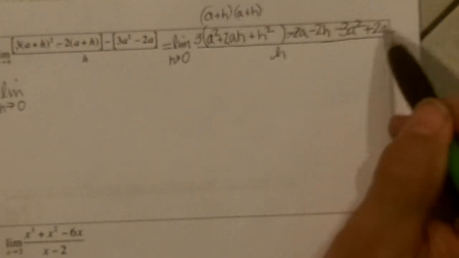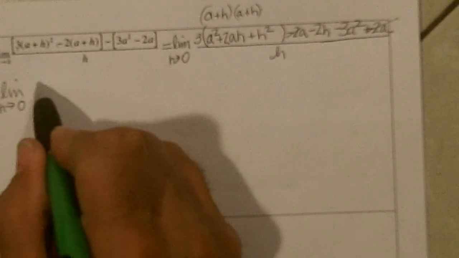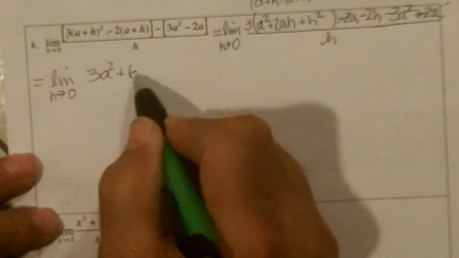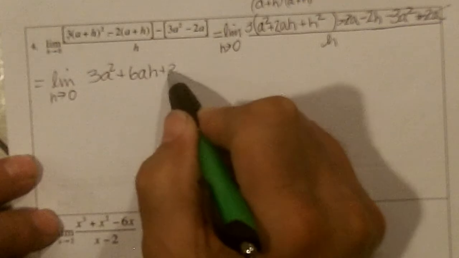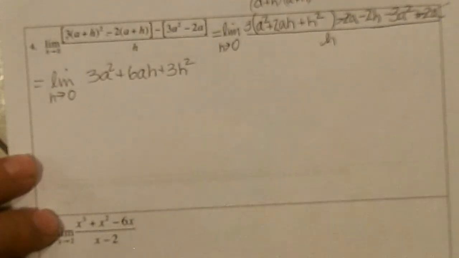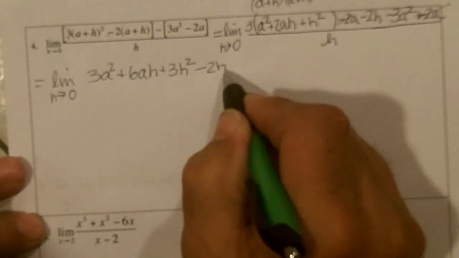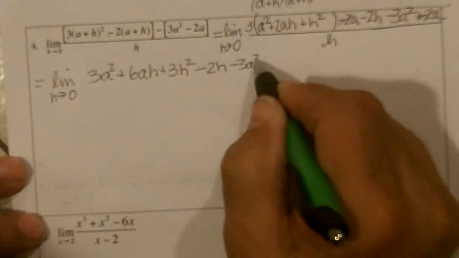The minus 2a and the plus 2a cancel, and we need to distribute this 3, so we're going to get 3a squared plus 6ah plus 3h squared minus 2h minus 3a squared.